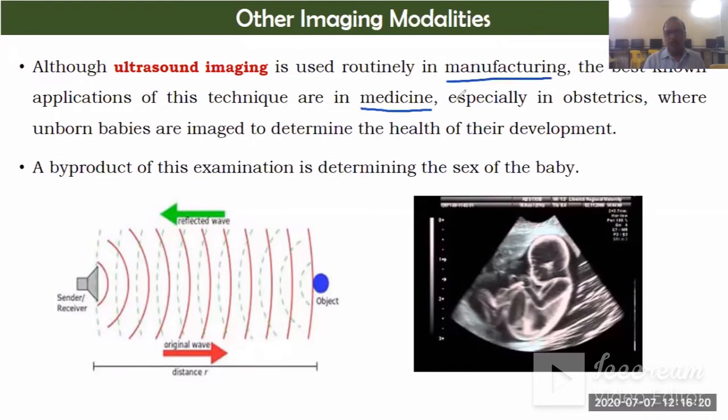In medicine, it is especially used to find whether the unborn baby has some defect or not. So the ultrasonic imaging technique is useful for this purpose. In medicine, especially in obstetrics, unborn babies are imaged to determine the health of their development.